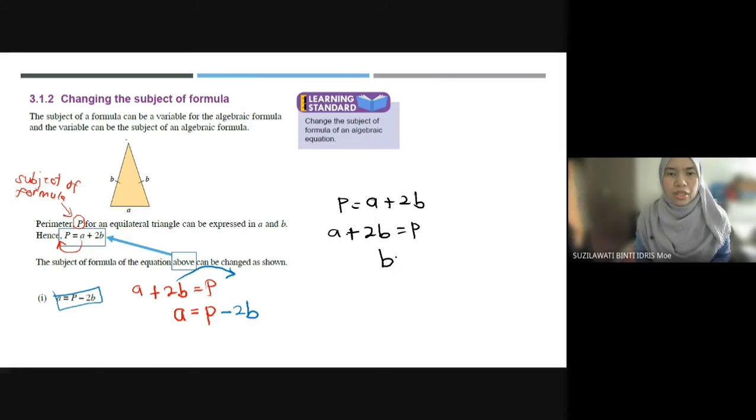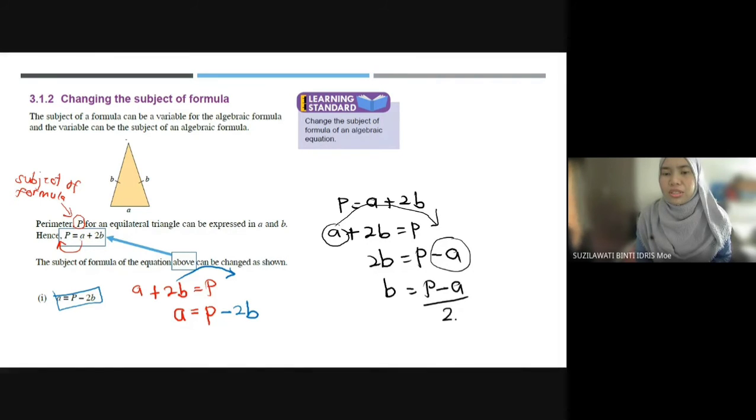So I leave B, B equal P minus A. Okay, I bring this positive A to the right side, so it will become negative A. Then what I need to do is to bring this 2 multiplied by B to the right side as well, and just leave B on the left side. So it will be P minus A over 2. Okay, betul ke jawapan kamu? Yay, correct. Correct answer.